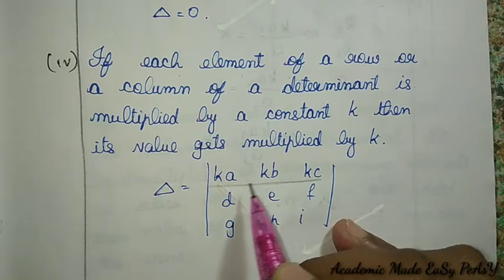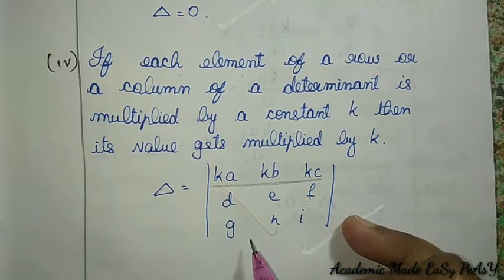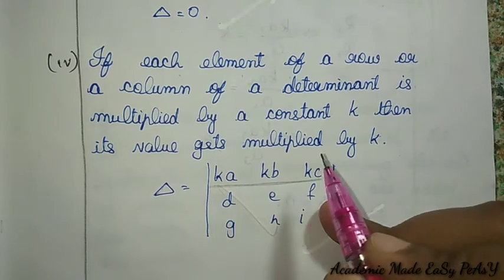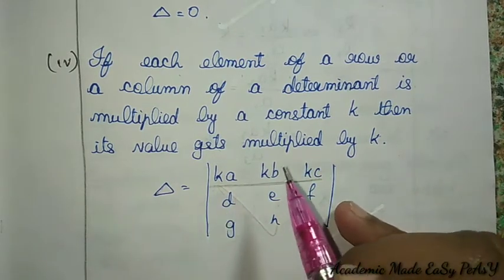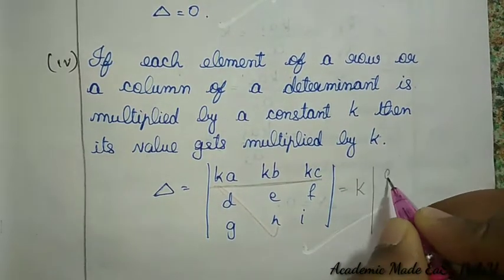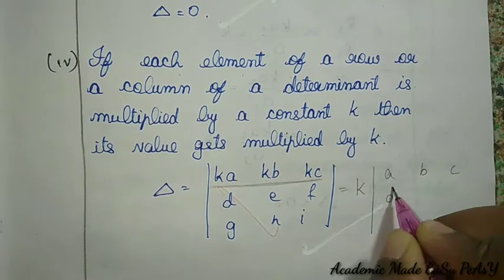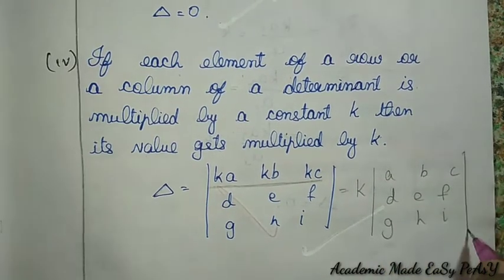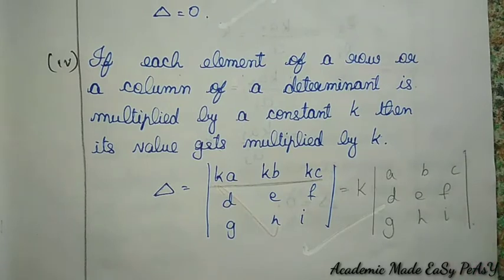In determinants, if a row or a column fully has some common constant, then we can take it out. So I will have k into a, b, c, d, e, f, g, h, i. Now I will find the determinant of it and multiply with this k, as it belongs to the entire determinant.